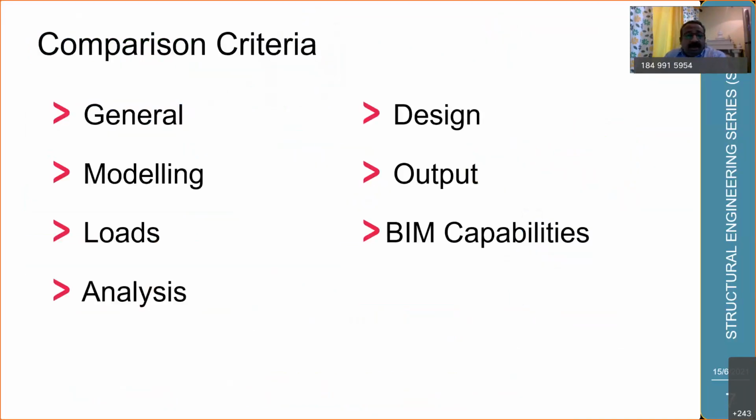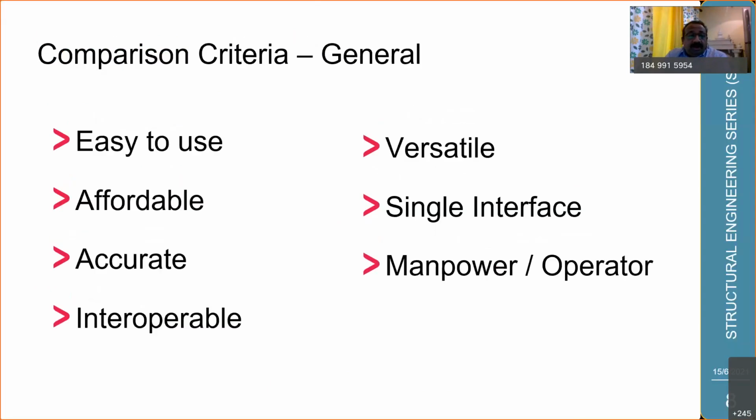So in the comparison criteria, we are going to see the different details, like the general, how we can check the details and the modeling features available, the different loads, the load combinations, analysis, and the design, and the output, and the BIM capabilities. So based on this, we are going to do the comparison.